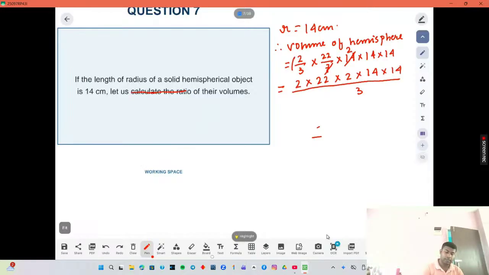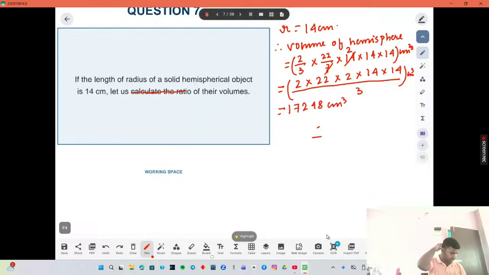The unit will be centimeter cube, and the answer is 17248 centimeter cube. It is a very easy question. Now I will move to the next question.